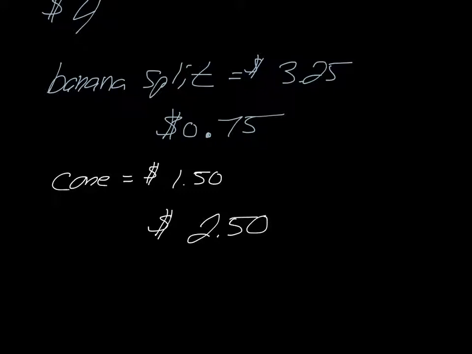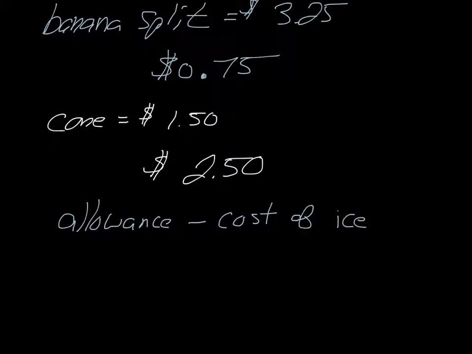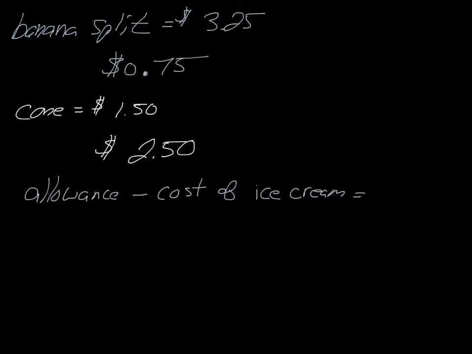Now I want to ask you this, ladies and gentlemen. How are you able to come up with that? Go ahead and pause the video now, and I want you to write a rule for figuring out how much money is left. If your rule looked something like this, allowance minus the cost of your ice cream equals the amount left, you are correct.